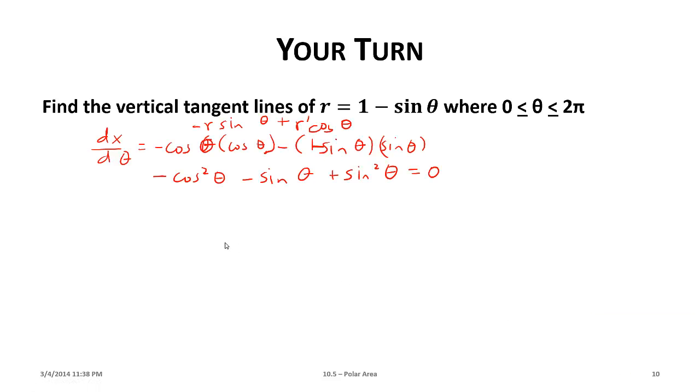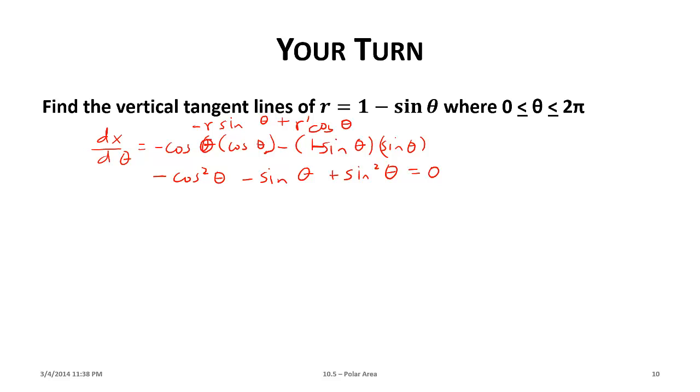Welcome back. Hopefully you started from this part here. Pardon my fantastic handwriting there, but obviously we have from the derivative equation dx equals negative r sine theta plus r prime cosine theta. As we continue with the equation from there, we know cosine squared theta minus sine squared theta plus sine squared theta equals 0.